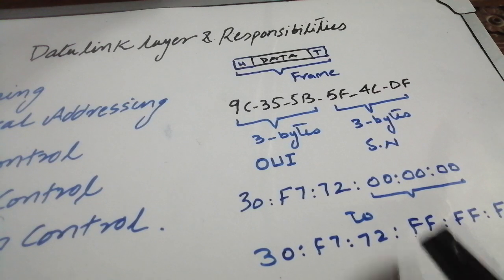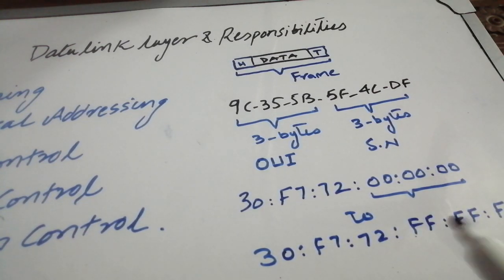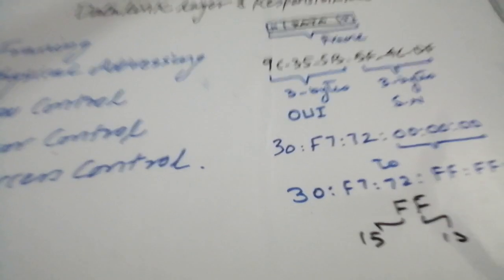So you can always convert it into bit format. FF means that we can break it into two halves, and this represents 15 and the other part represents 15 as well.